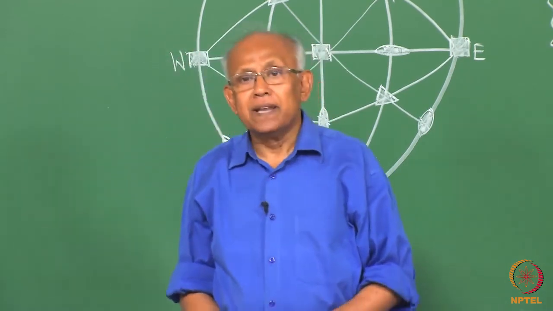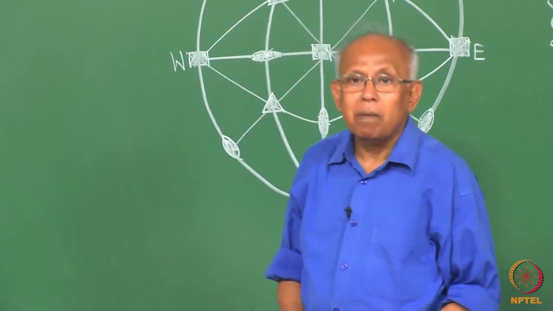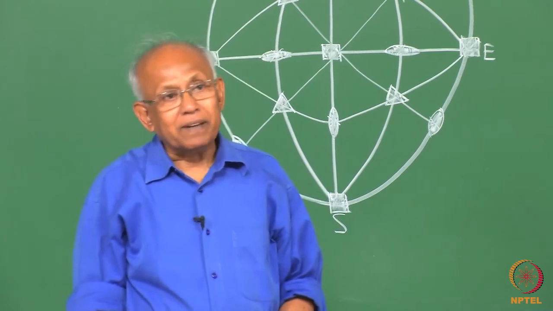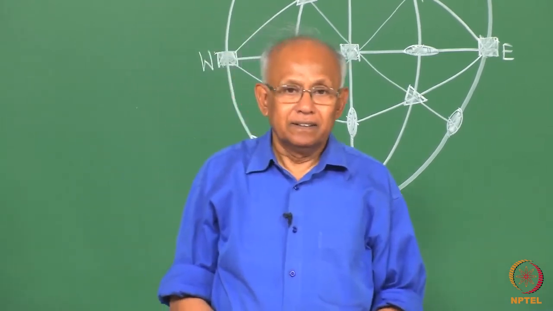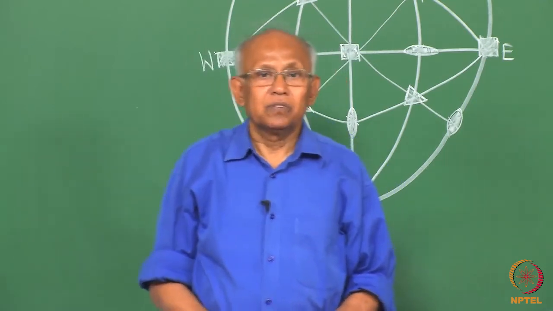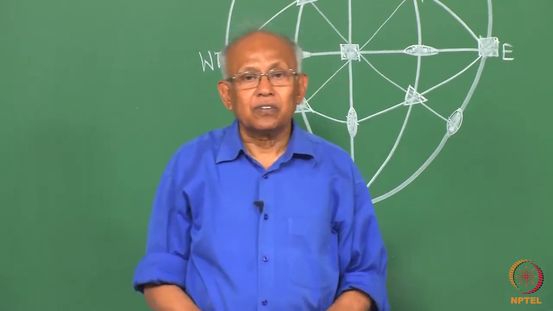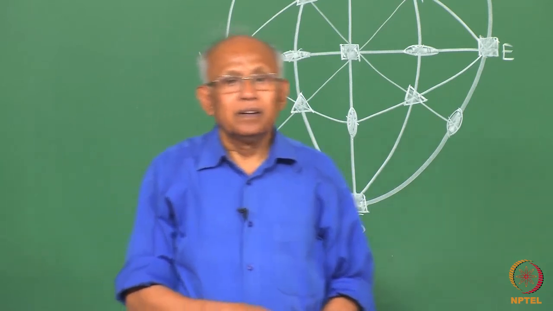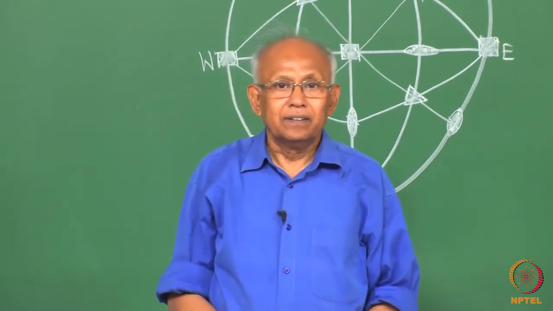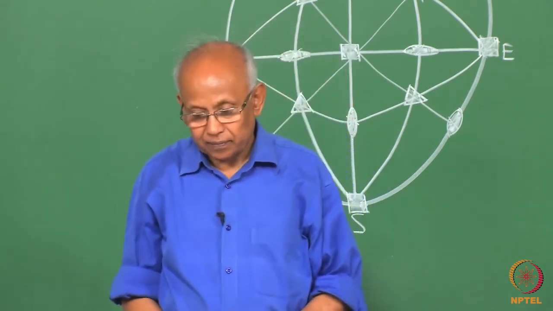Up till now we have been discussing some symmetry elements like the plane of symmetry or mirror, rotation symmetry or the axis of symmetry, then roto-inversion or roto-reflection symmetry, and an inversion.